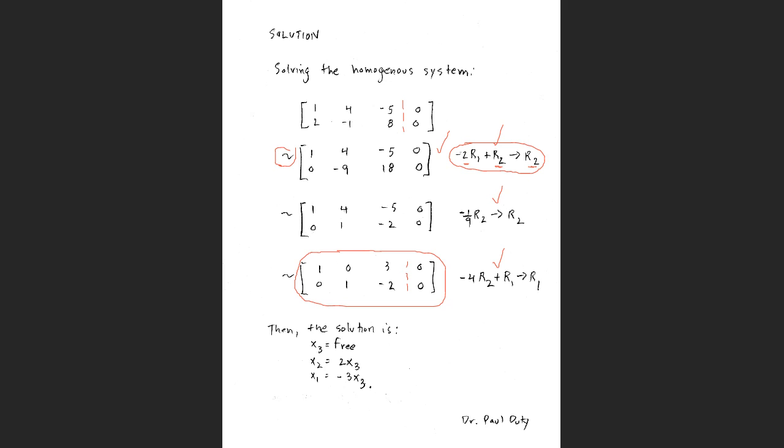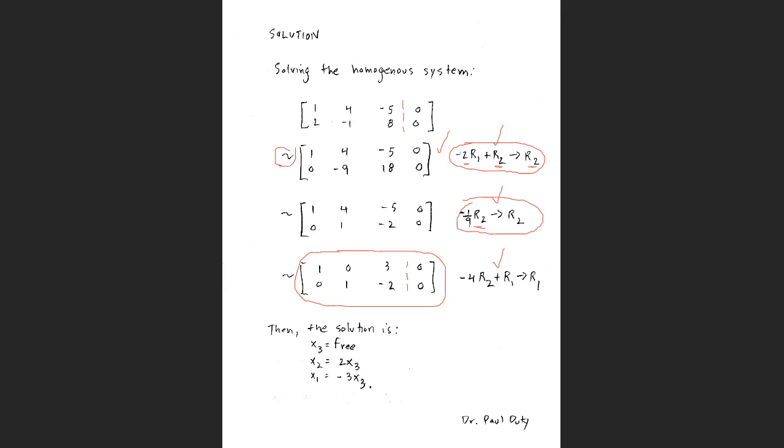So -2 times row 1 plus row 2, put that result in row 2. Then the third instruction here, I took the second equation and scaled it by multiplying by -1/9 and replaced the second equation with that result.